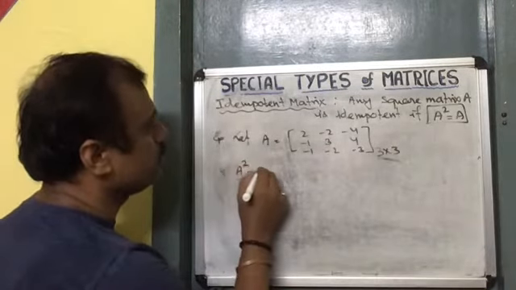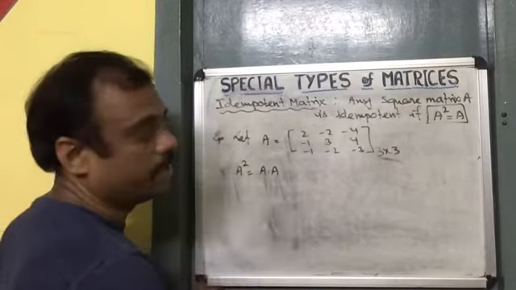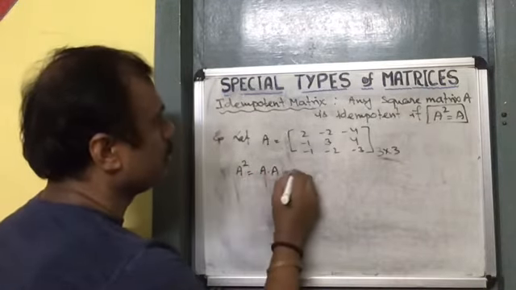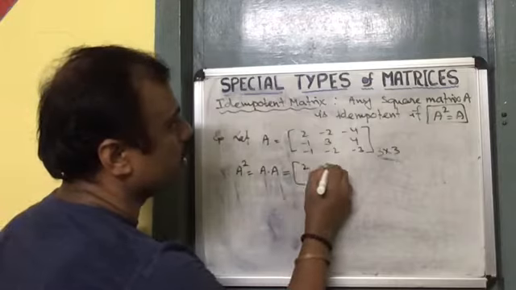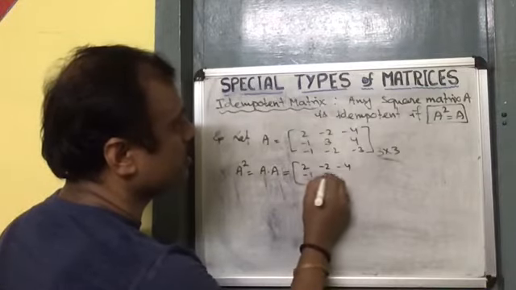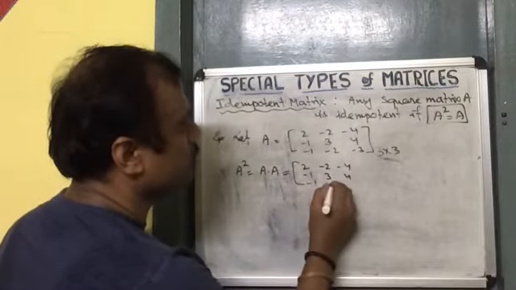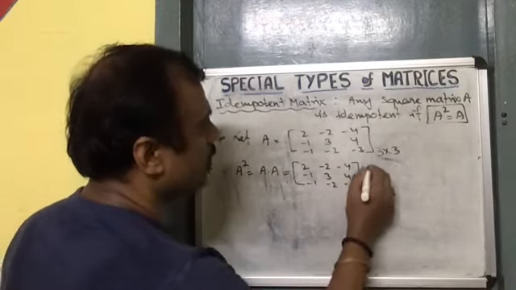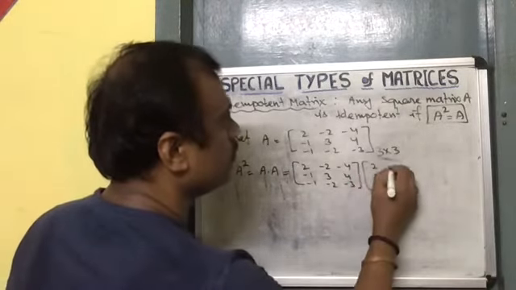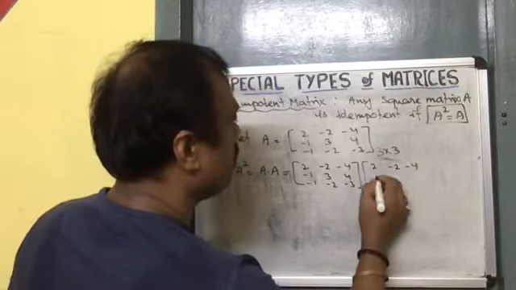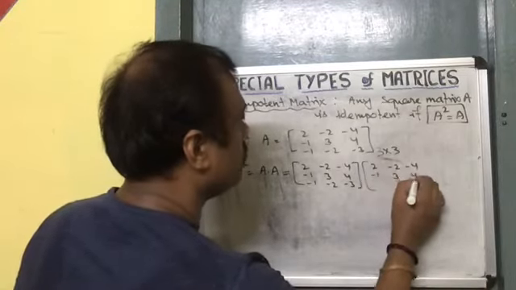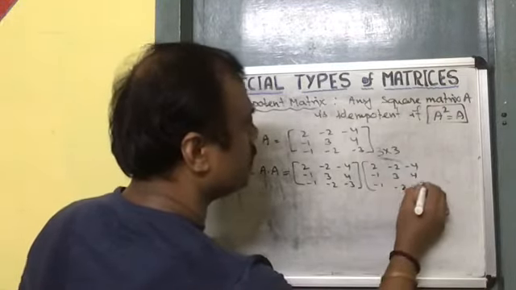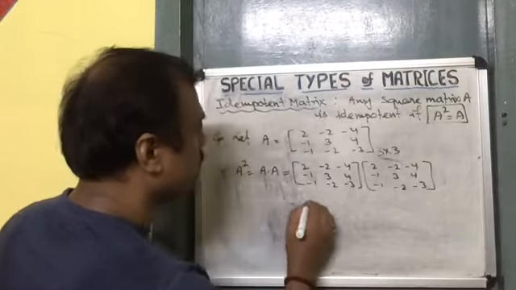A square means A dot A, which is this matrix multiplied by the same matrix.